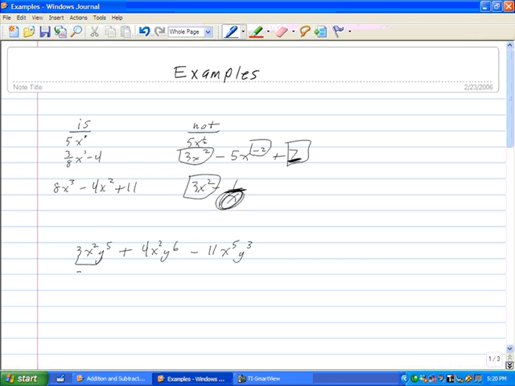We combine them, and we consider that to be 7th degree. 6 and 2 is 8th degree. 5 and 3 would be 8th degree. So each term, one at a time, can be looked at to check its degree. And for the overall degree of the entire, and this one would be a trinomial, 1, 2, 3 terms, we would say that this is an 8th degree trinomial because that is the highest one there.